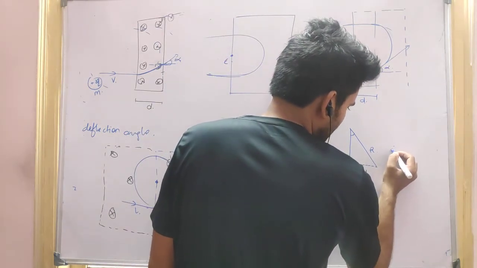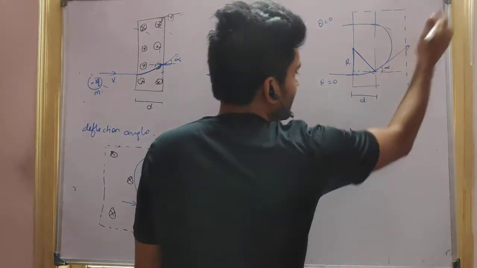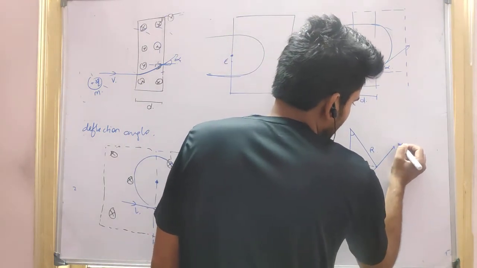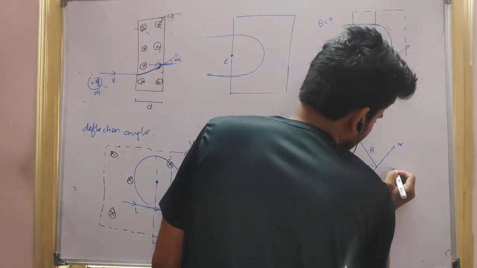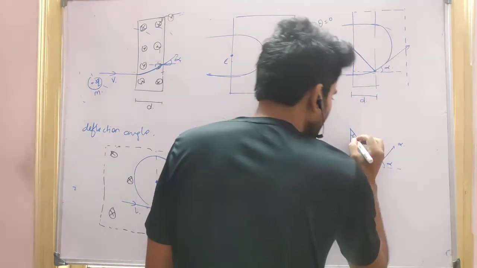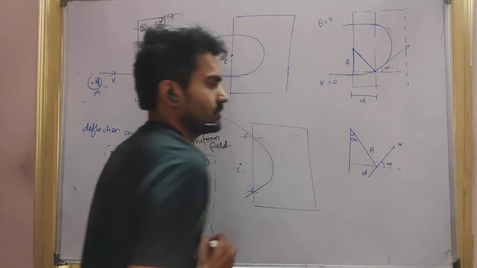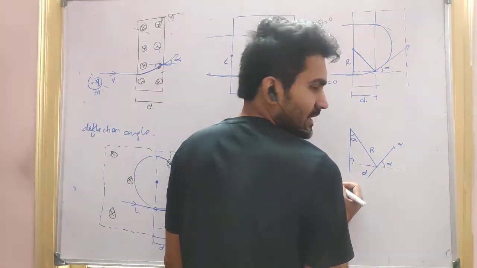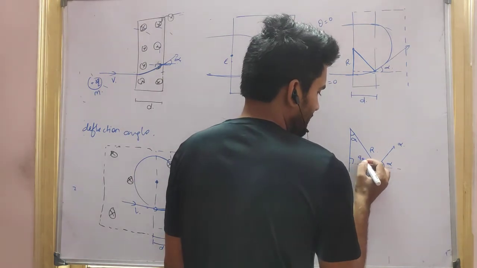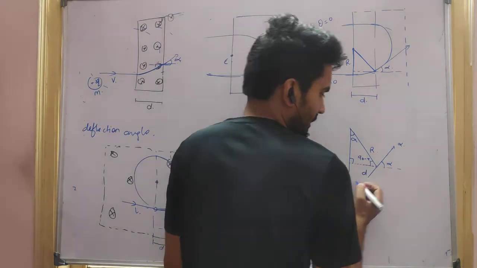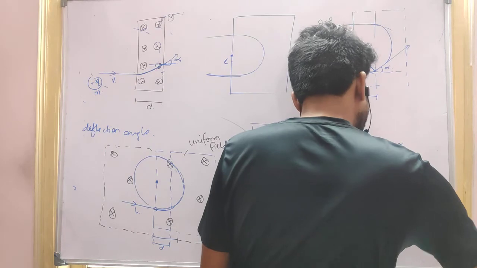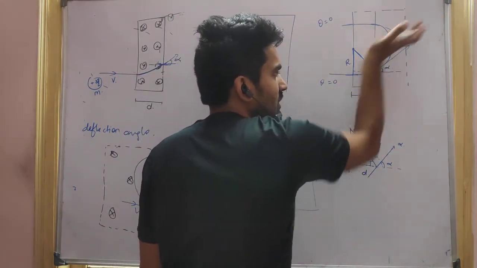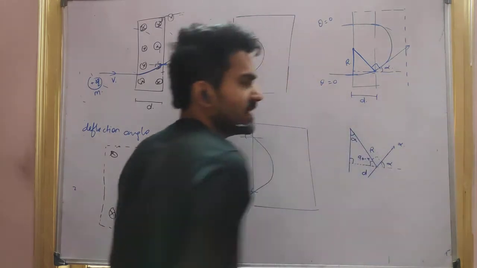You see, at this angle it will go out from here. If you clearly observe this angle alpha, this angle also will be alpha. How is it, guys? See, if this is 90, this is 90 minus alpha. Obviously this will be 90, because this is a tangent to the circle. Tangent to the circle means this angle is 90 degrees.